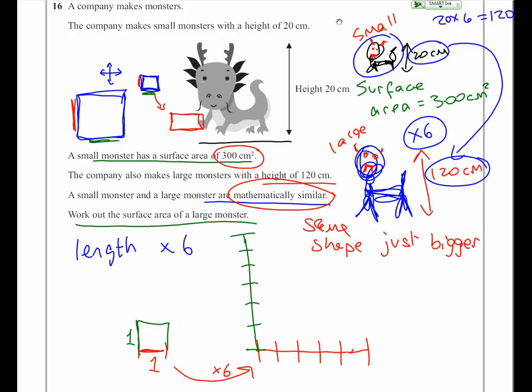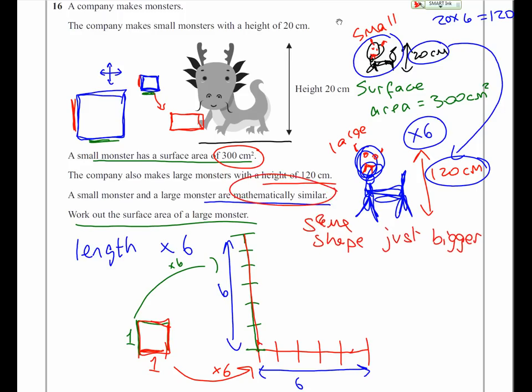Okay, so now that has been times by 6 as well. So the height here is 6 and the length is 6. By the way, this is just a 1 by 1 square. This is a 6 by 6. Let's erase our info on the same shape thing. Hopefully you've taken that in.